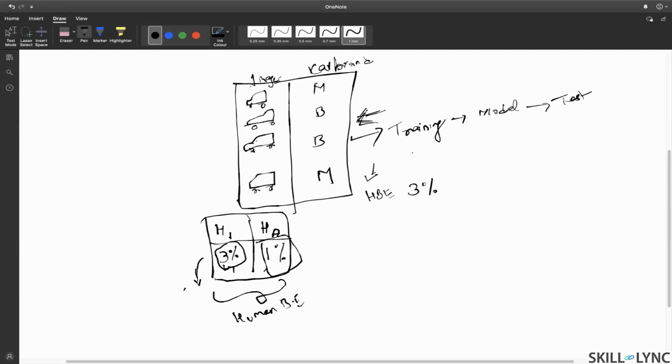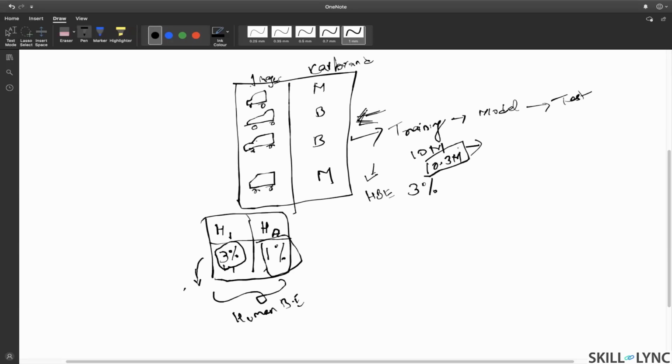Now imagine for 10 million data, if the 3% error is there, how much would that be? Around 0.3 million. Will someone go back and correct this? If someone has so much patience, yes, they can correct it. There is no harm. But our objective, which comes later, is correcting the error.